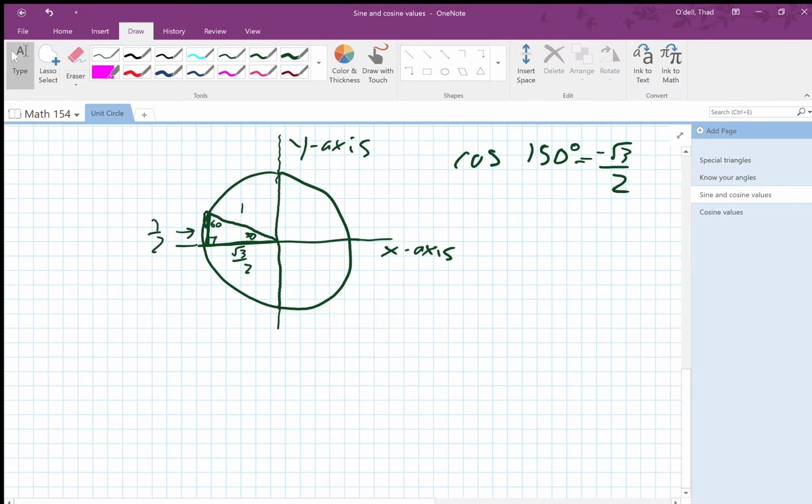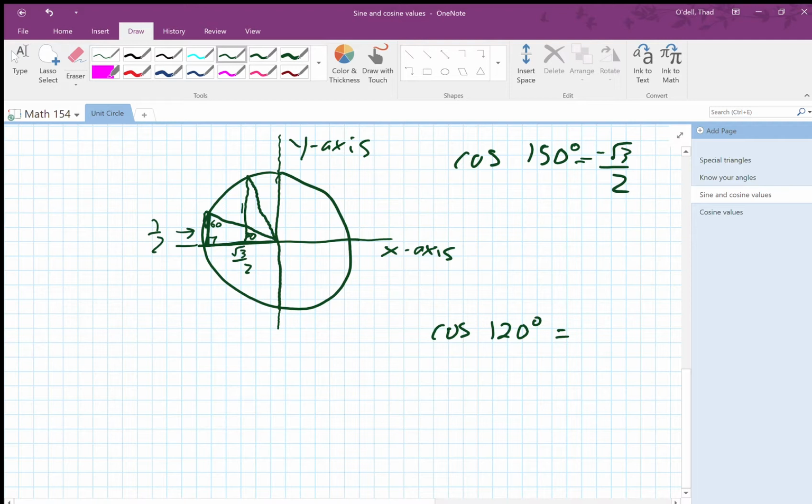And real quick, just so you can see the difference, if I wanted to take the cosine of 120 degrees, 120 degrees is just 30 more than 90, so that's going to be in the same quadrant, but it's going to be a triangle that looks like this. And if I drop the side down, that's where the triangle comes from.